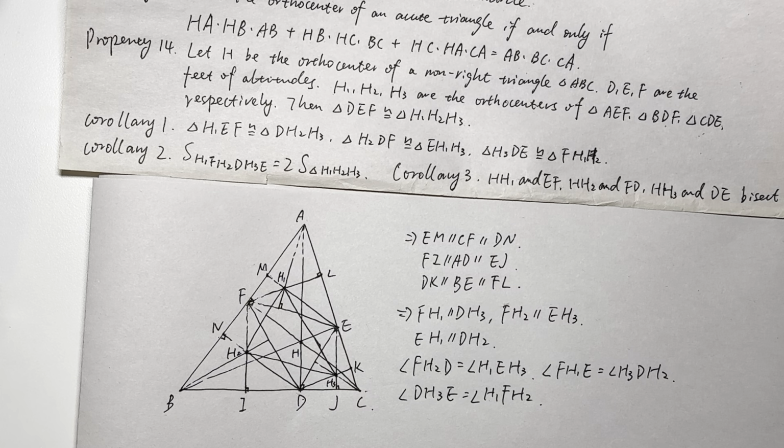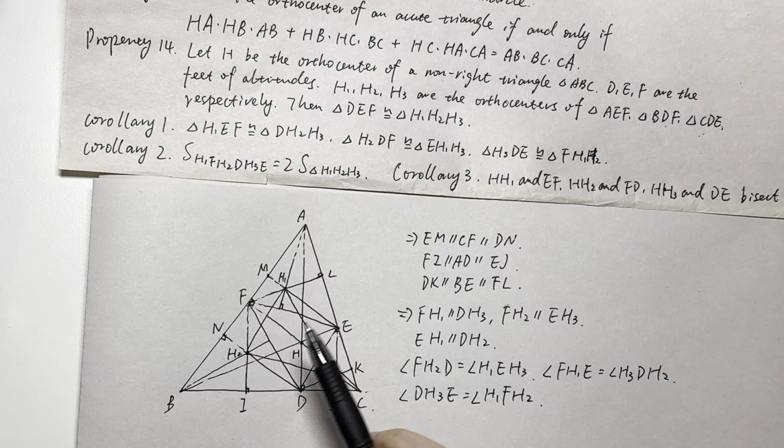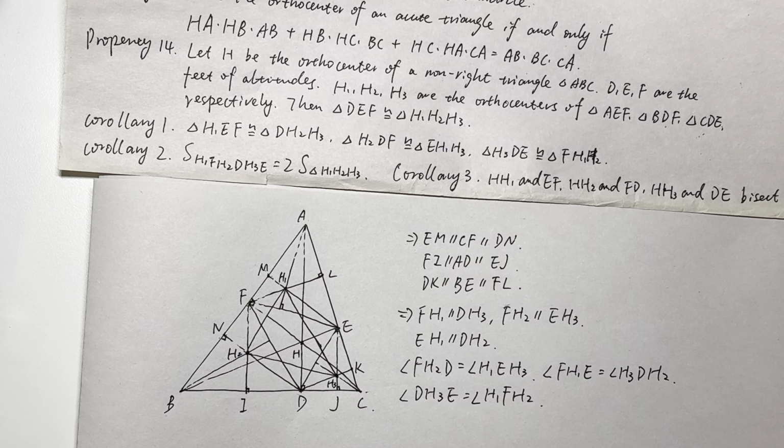Right. So now the question is how can we prove the triangle FDE is congruent to triangle H1, H2, H3? Think about the way that we can prove the two triangles are congruent. In this case, we have two choices.